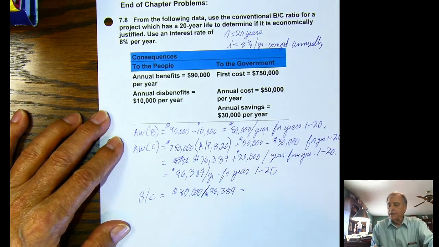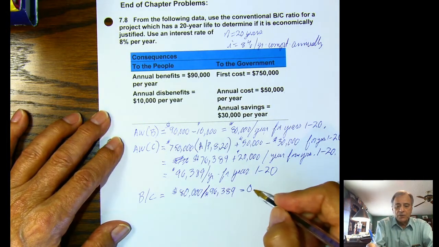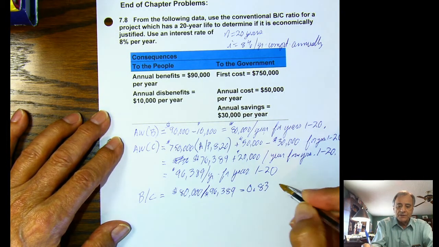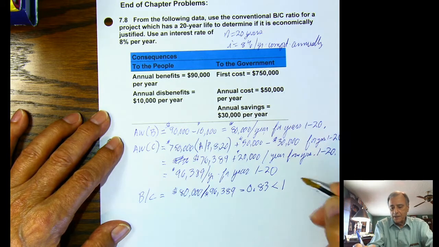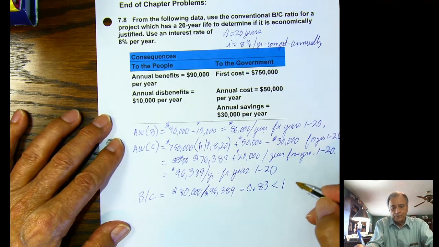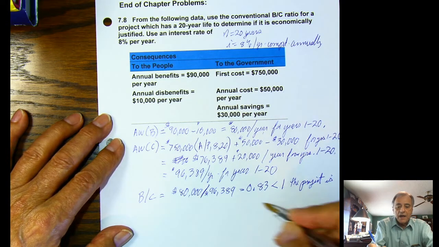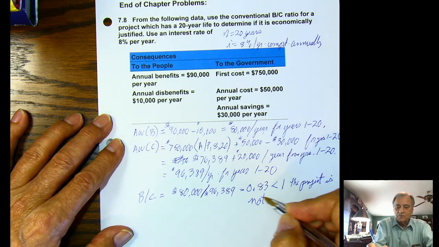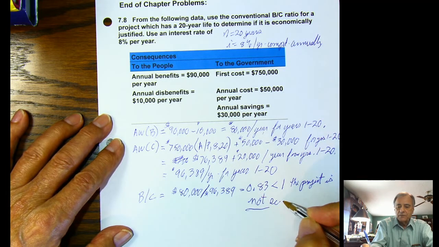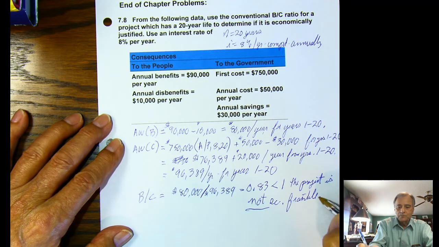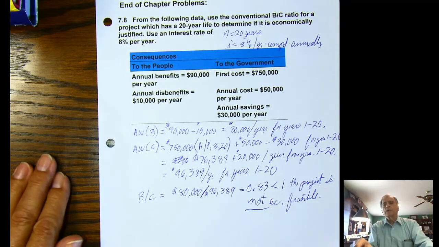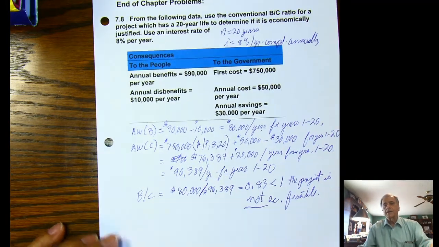And that will be a ratio of 0.83, which is less than 1. So the project is not economically feasible. So we would not do that project.